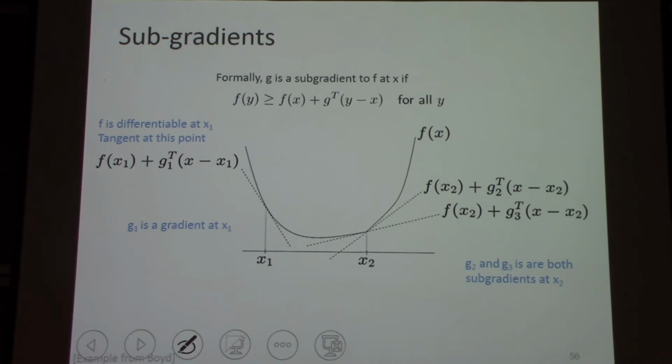If you have a convex function with a finite number of non-differentiable points, you pick any subgradient and go down, and you're guaranteed to get to the minimum. That's what the theory of optimization tells us, which is convenient because we have a function with a finite number of non-differentiable points, the hinge loss.